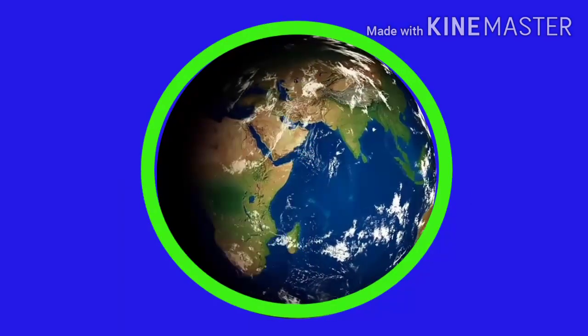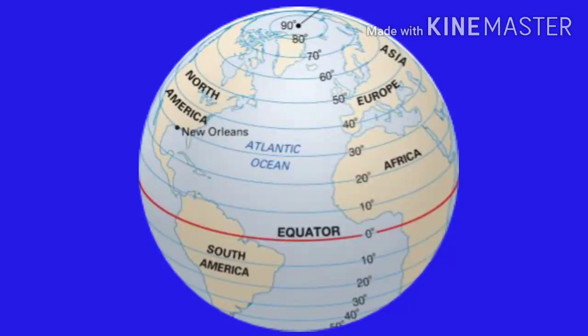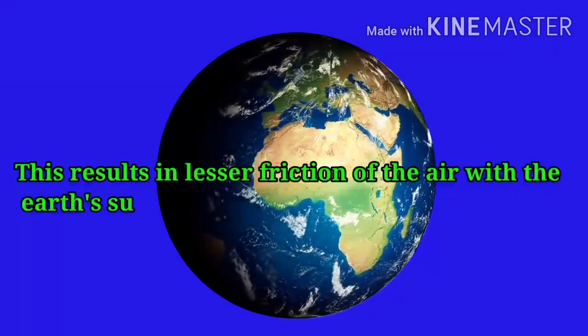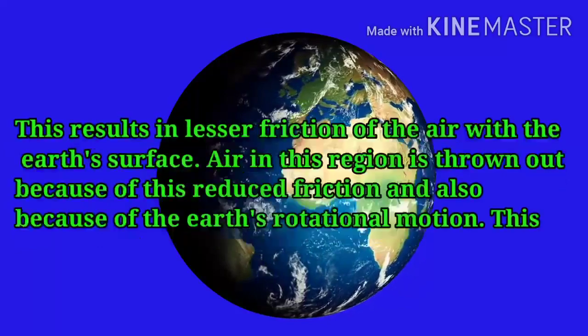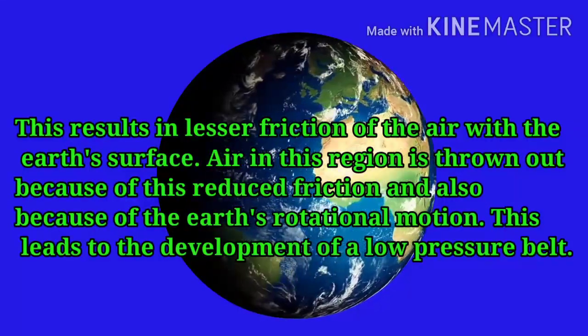Subpolar low pressure belts. Due to Earth's curvature, the area between two parallels gets reduced as we move towards the poles. This results in lesser friction of the air with the Earth's surface.